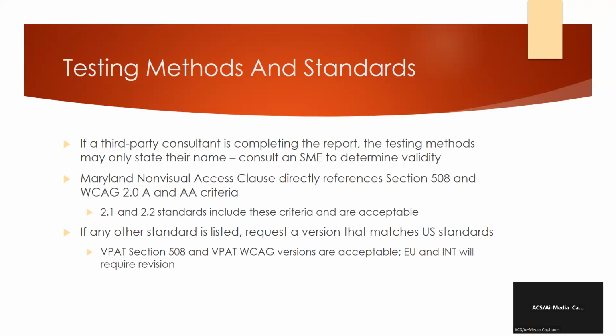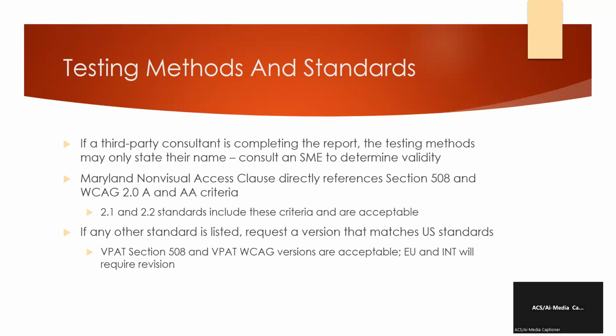A lot of companies that are dealing with multiple states are instead going to state Section 508 if they're working on the federal level, or they're going to work with WCAG because that's the industry and international standard that everyone uses. So as long as they're referencing either of those two, there's enough overlap with NVA that we can draw equal parallels there.